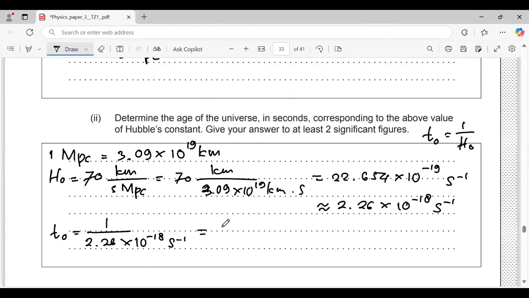If you calculate, the result is 0.4425 times 10 power 18 seconds. In significant figures, 4.42 times 10 power 17 seconds.